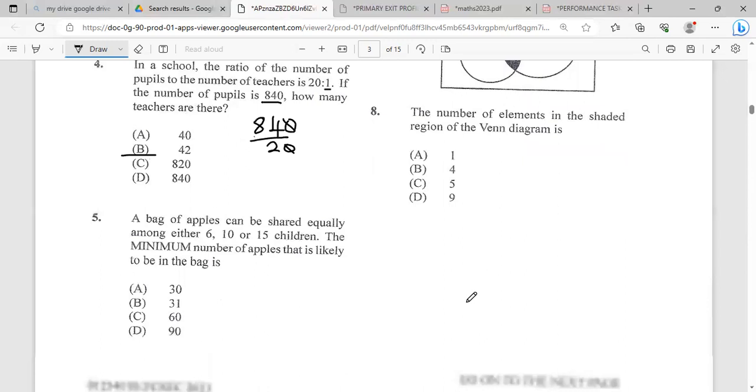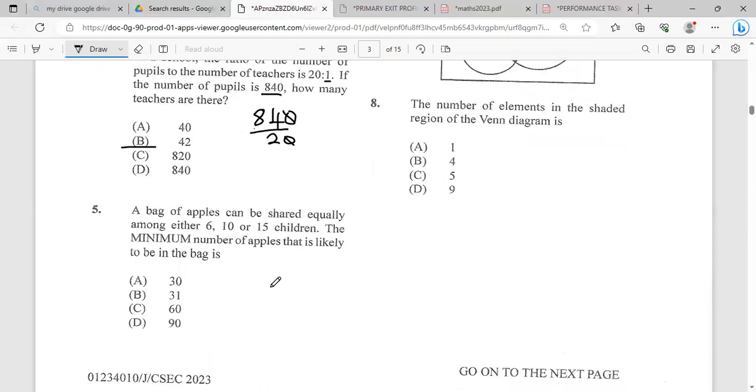All right, a bag of apples can be shared equally among either 6, 10, or 15 children. The minimum number of apples that is likely to be in the bag is, so what they want us to do is to find the lowest common multiple of these numbers. And of course, we know what we do, right? So we keep adding 6 in the 6 times table, and the first number that is common to all three, that would be your number.